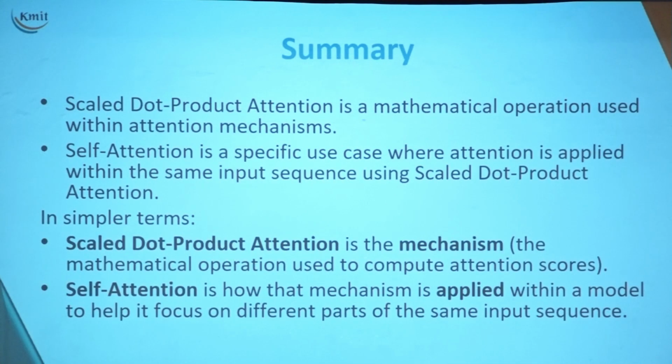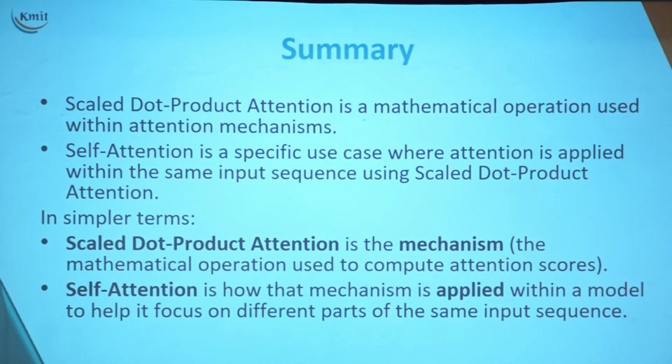So, summary: scaled dot product attention is a mathematical operation used within attention mechanisms. Self-attention is a specific use case where attention is applied within the same input sequence using scaled dot product.